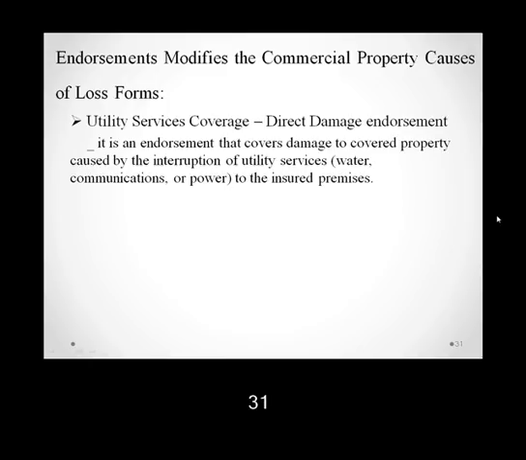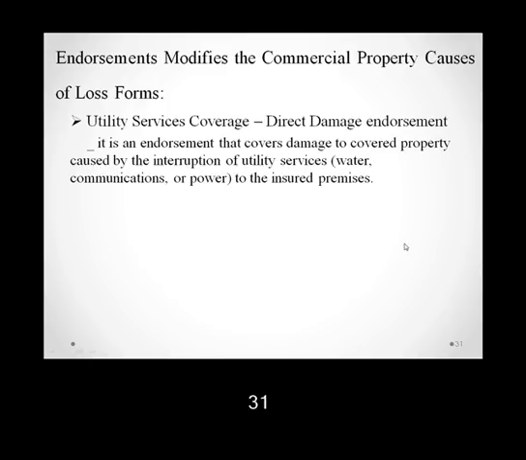However, if it is due to the utility company's power failure, the melting of your ice cream will not be covered. However, if you choose to have this utility service coverage, the melted ice cream will be covered because it is due to the utility company's failure that is off premises. However, if for some reason your refrigerator doesn't work, as long as it is not due to the utility company's fault, it would not be covered.